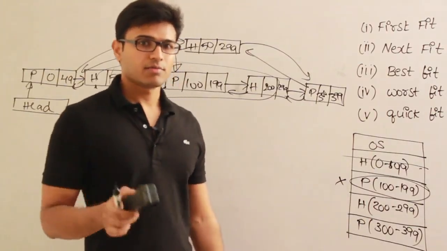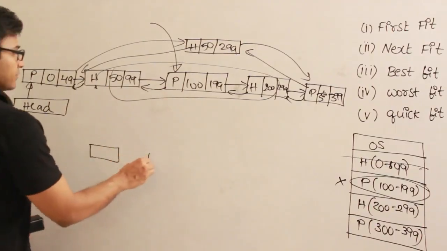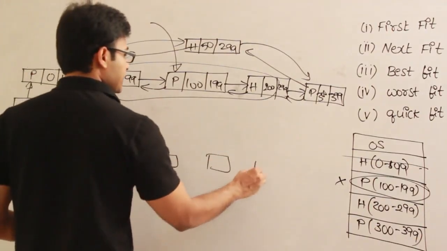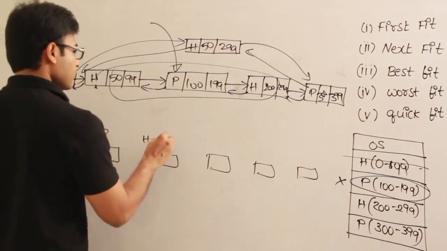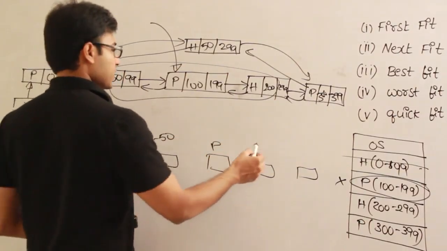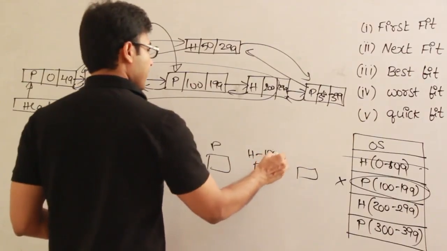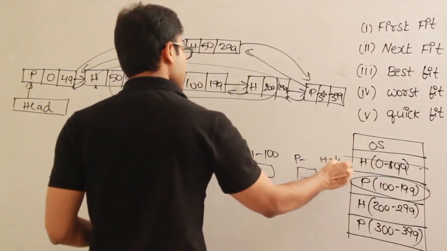What I'm trying to say is, let us say I have a hole of size 50, a hole of size, let's say, 100, and a hole of size 10, right?